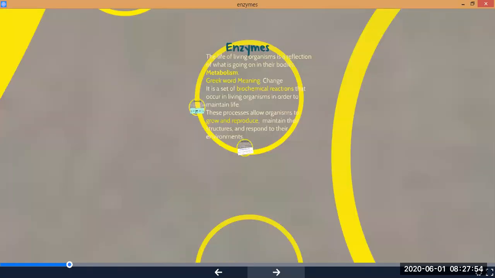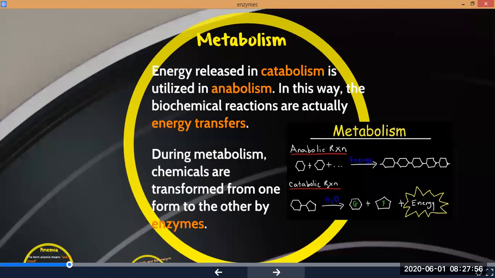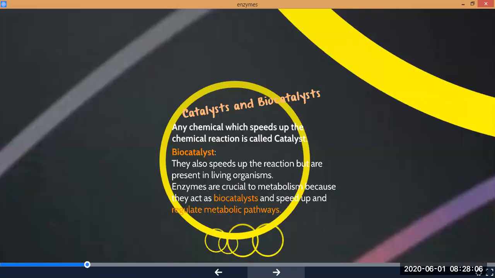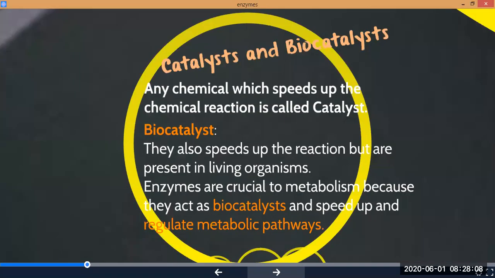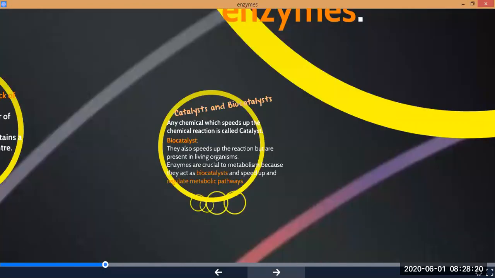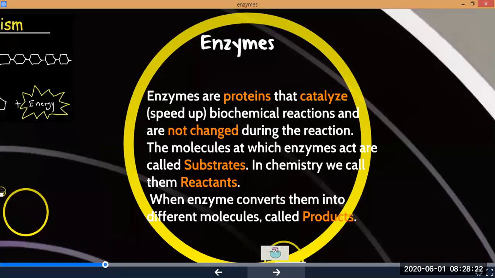And then we covered the energy transfer, how catabolism releases energy, how anabolism absorbs energy, and how we call enzymes catalysts if they are in a non-living environment. If they are in a living environment, we call them biocatalysts, and we also call them enzymes. And then we studied that enzymes are protein in nature.